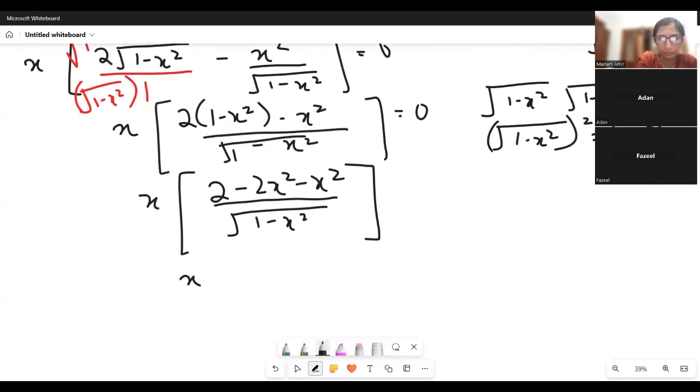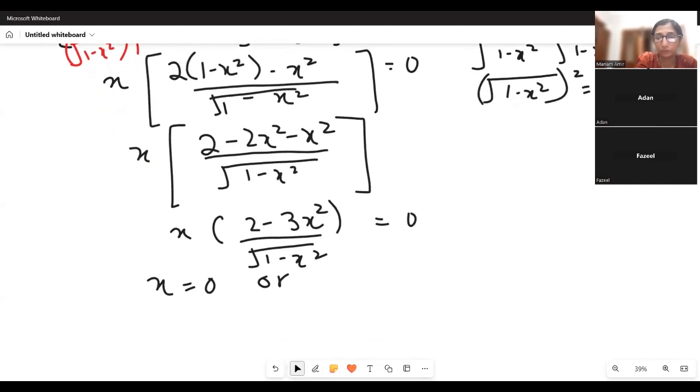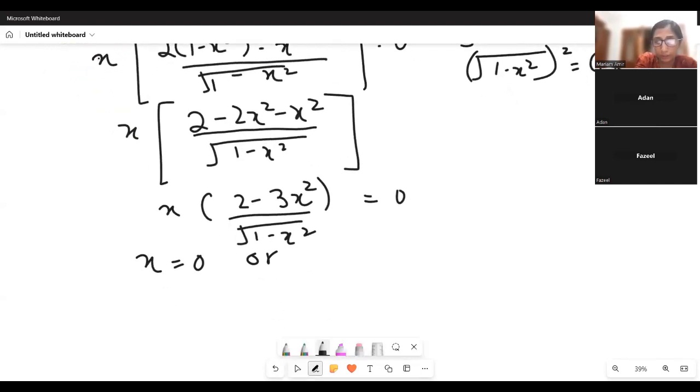X times 2 minus 3x square upon square root 1 minus x square equals to 0. So we're getting x equals 0 or the second fraction equals to 0. उसका denominator 0 के साथ जाके multiply होके eliminate हो जाएगा. And we're getting 2/3 equals x, 2/3 square root equals x.